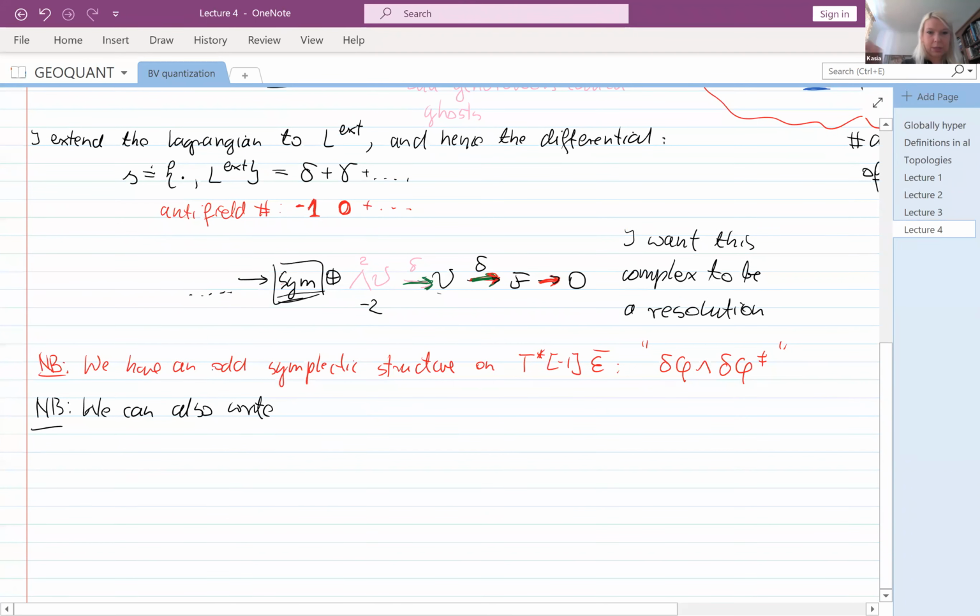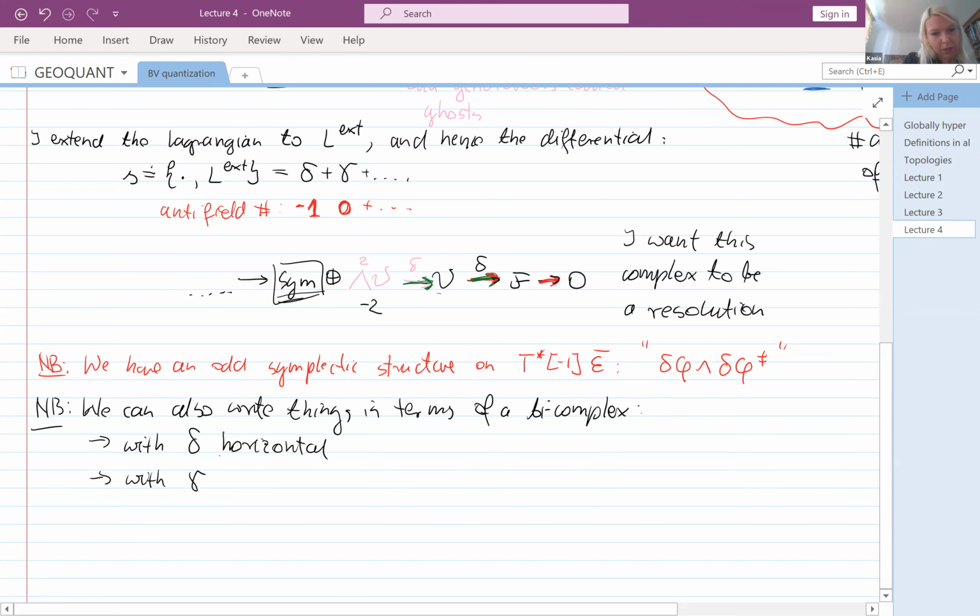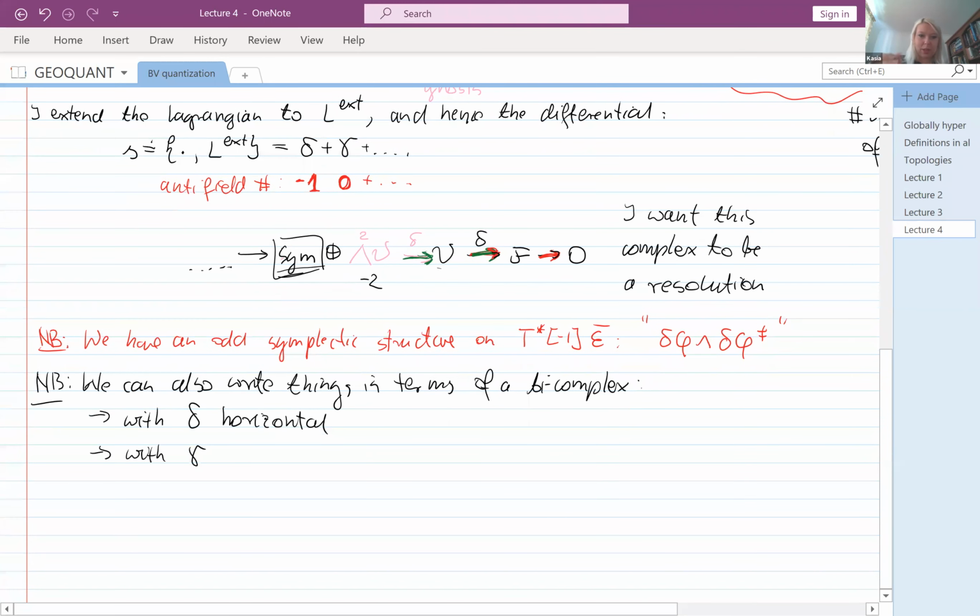Okay, so it's again another bookkeeping device. So yeah, we can also write things in terms of a bicomplex. So with delta, let me write this more precisely. So with delta, a horizontal differential, with gamma, this is this new term that arises if we have symmetries.